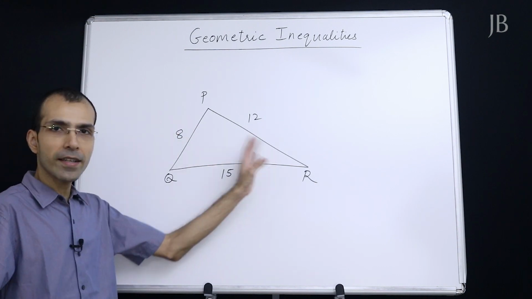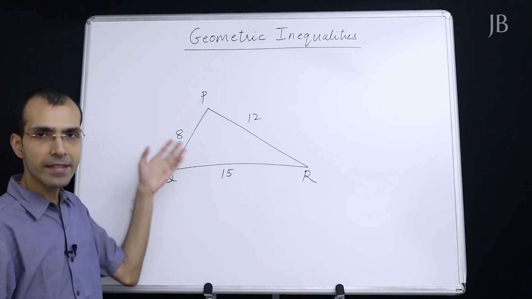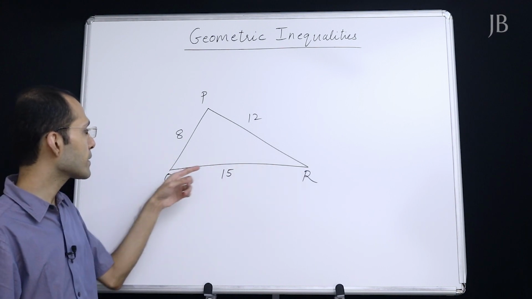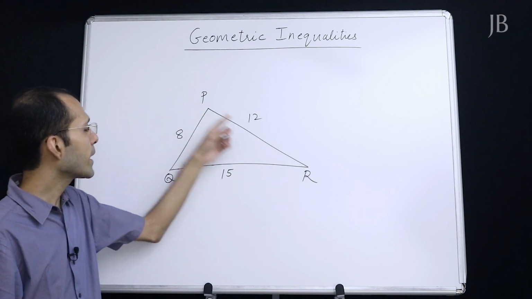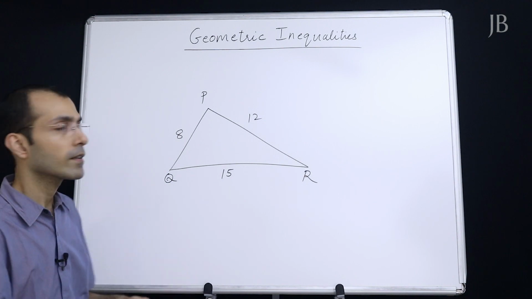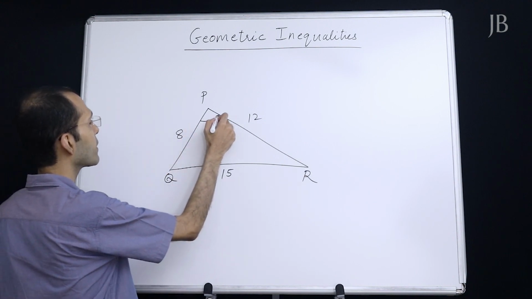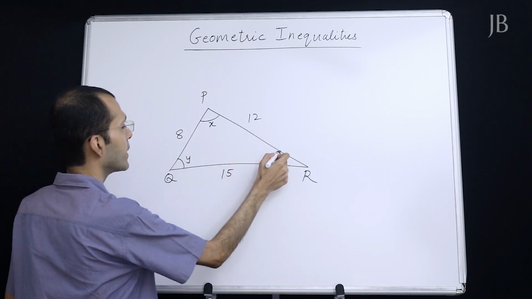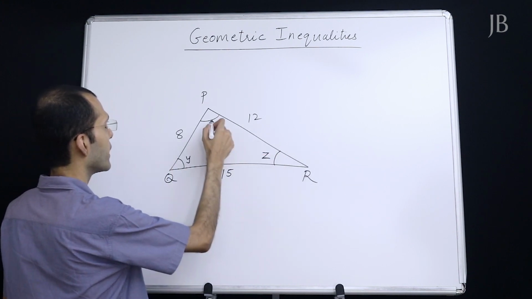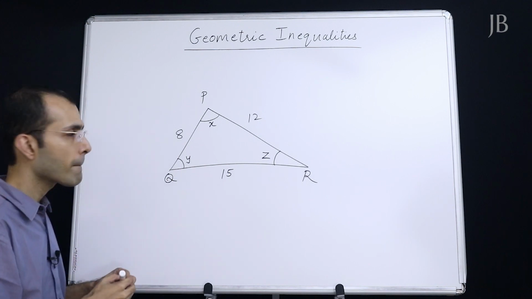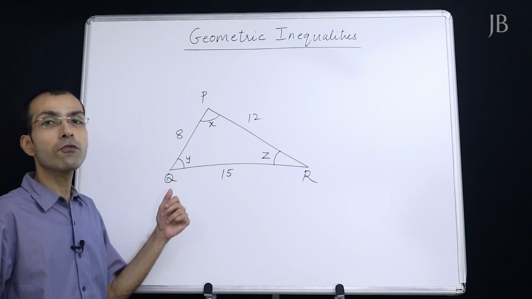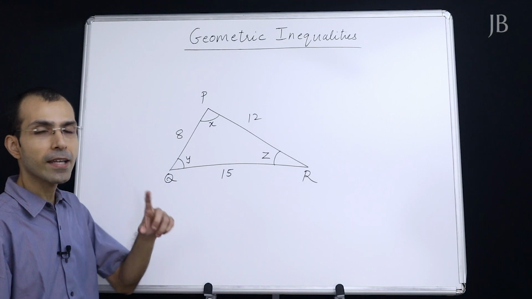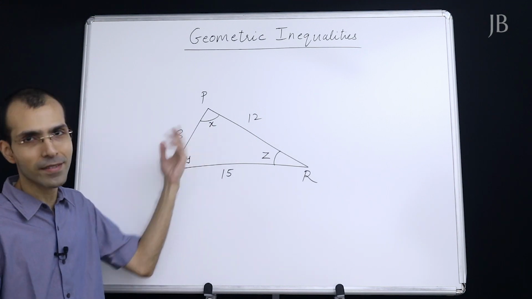So a scalene triangle, PQ is 8 centimeter, QR is 15 centimeter and PR is 12 centimeter. Let us denote the angles by X, Y and Z. Now we wish to find out which angle will be the smallest.